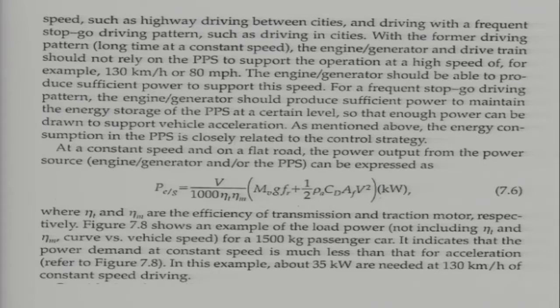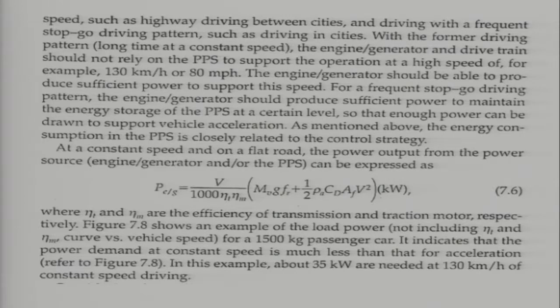PPS is nothing but your battery or the other sources such as ultra capacitor or super capacitor or flywheels. So this can support the generator to produce the required amount of power.